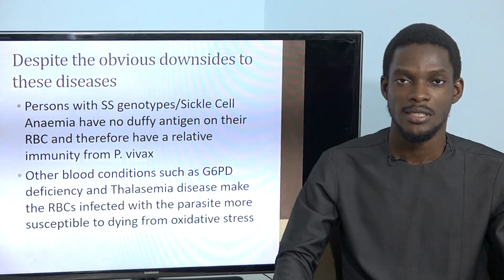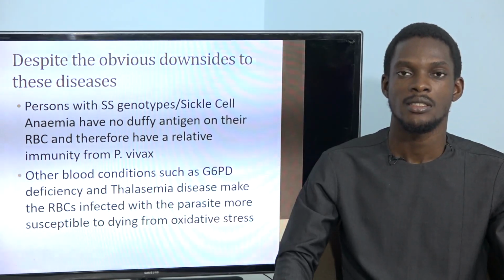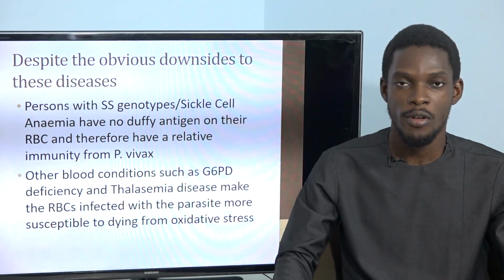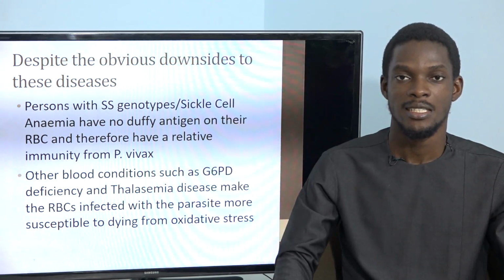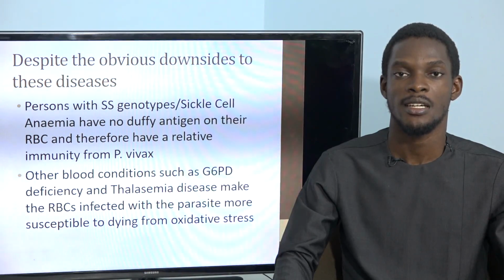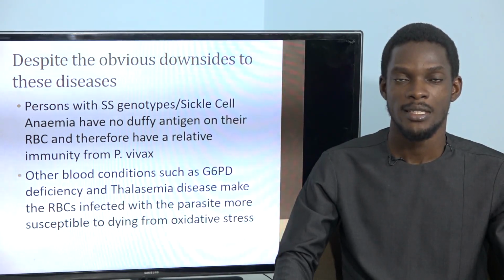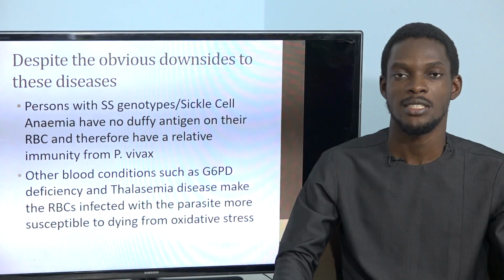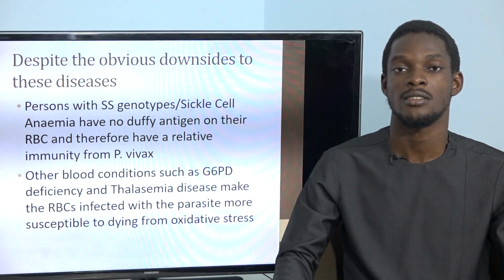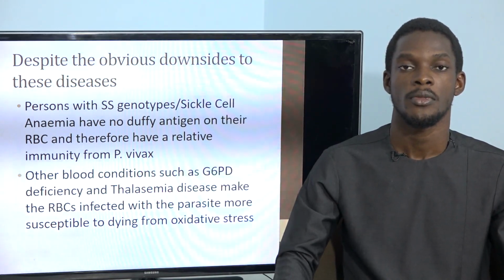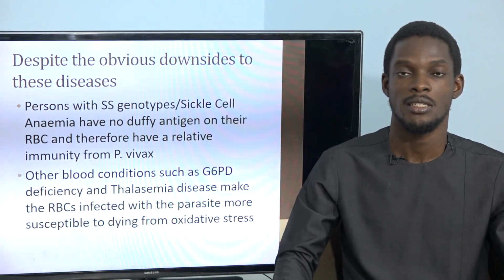This apoptosis results in the damage to all infected cells, and thus the infection is quickly resolved. So despite the obvious downside to G6PD, thalassemia and carriers of sickle cell, which is the AS group, they all have a relative immunity to the parasite causing malaria.